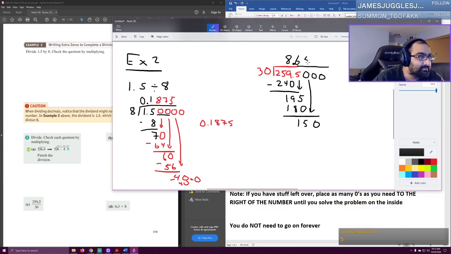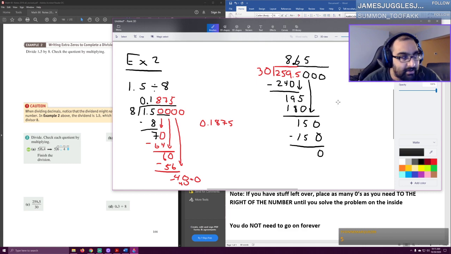Awesome. Okay, that's correct. Anybody can chime in, so that's good. So 5 times 30 is 150. Spot on, and we got 0 as our remainder here. So the final answer here is going to be 8.65 straight up.